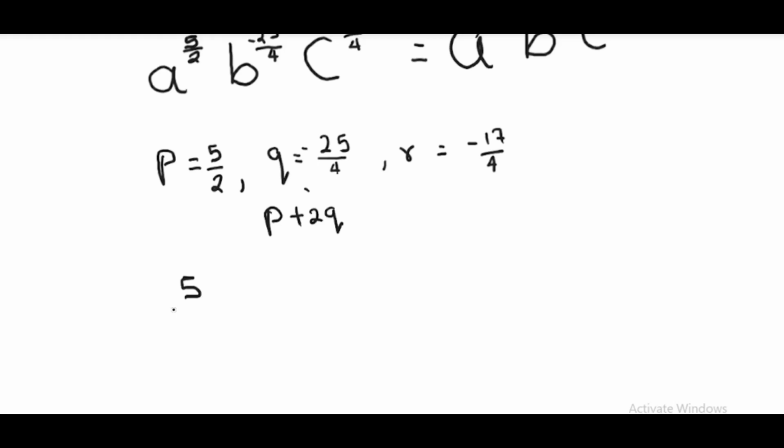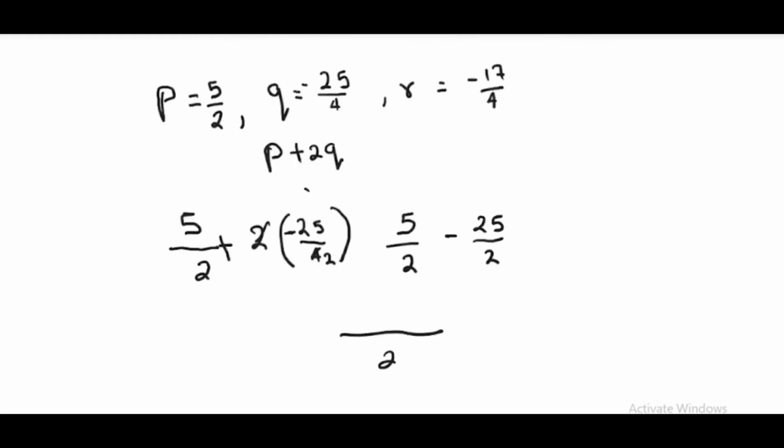So we have 5/2 minus 25/2. So when you have two fractions to add or subtract and the denominators are the same, you simply work on the numerator. So we just have 5 minus 25, and that will give us minus 20/2. Minus 20/2 will leave us with minus 10. Simple as ABC. I hope you enjoyed it.